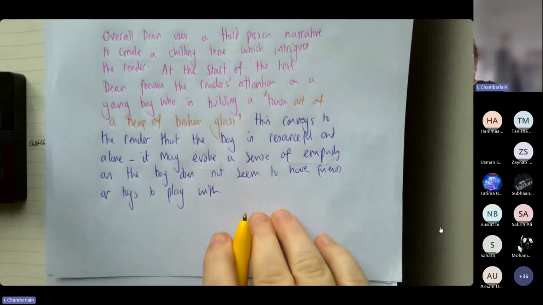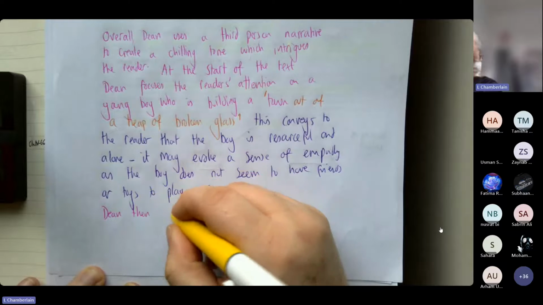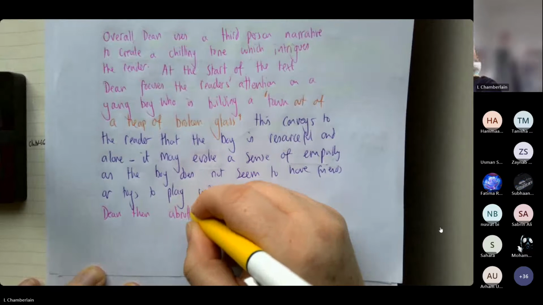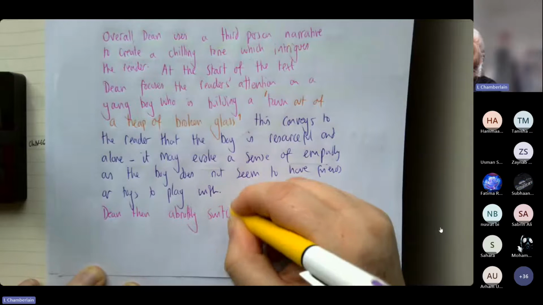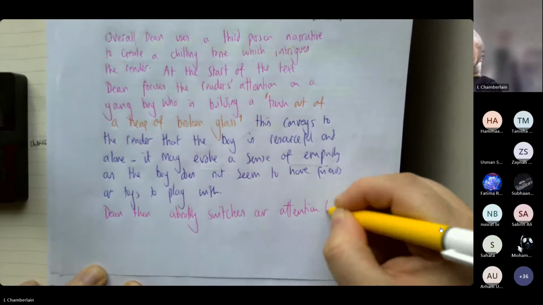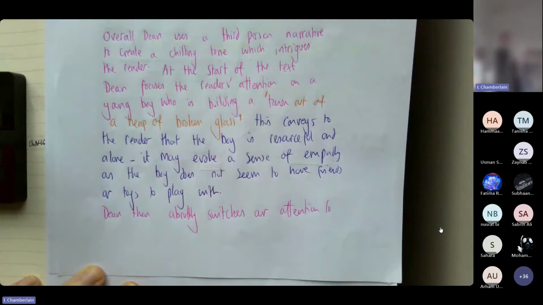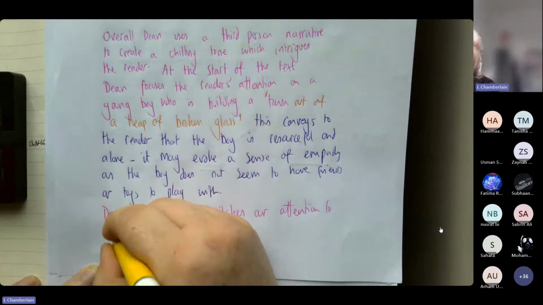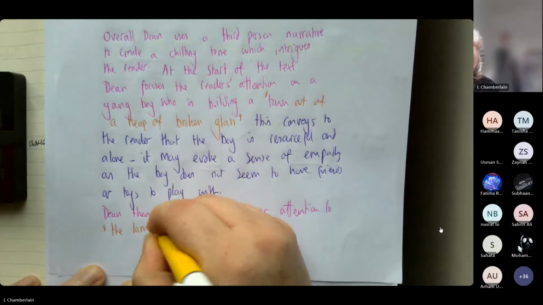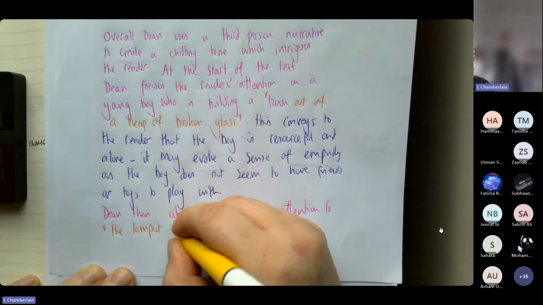So I might follow this up by saying, Dean then abruptly switches our attention to, and again, at this point, we can use the quotation, the lamppost looked like a tall man.